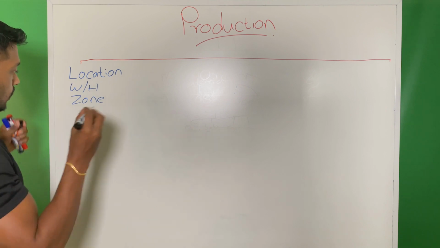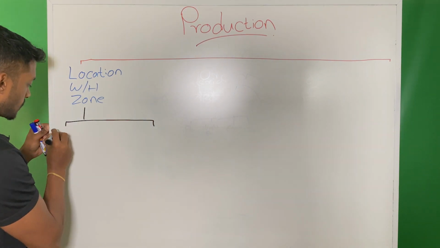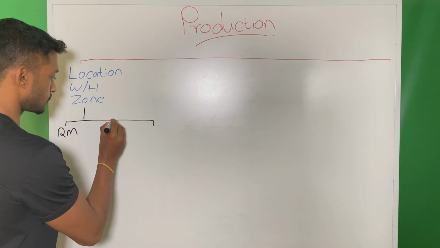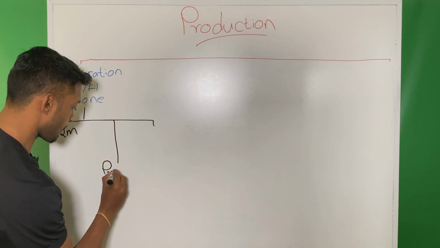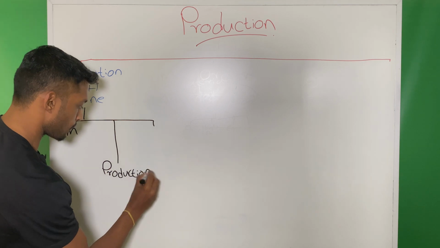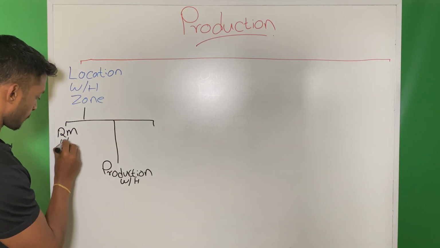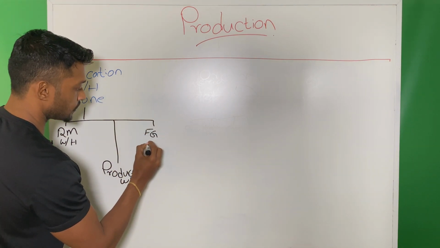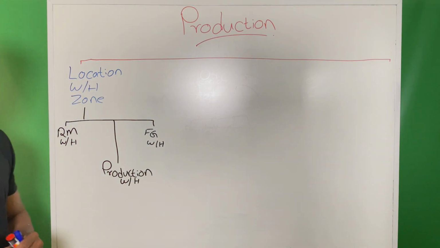I'll name those warehouses as raw material warehouse, production warehouse and FG warehouse. What's the reason for that?